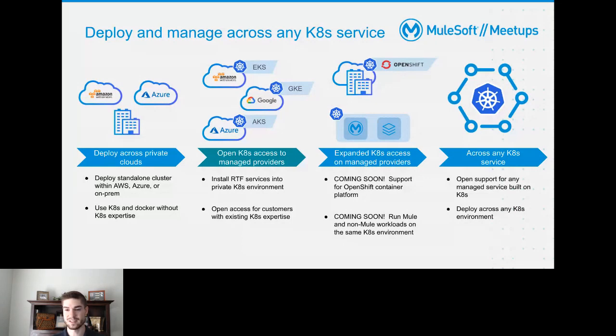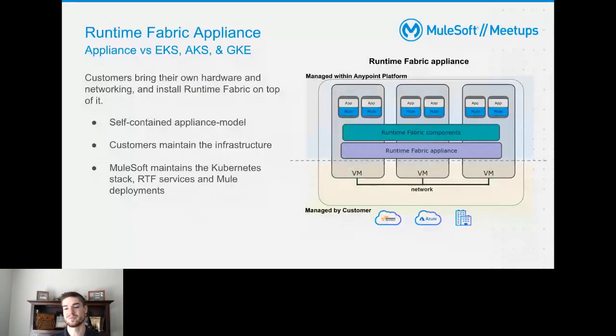So how exactly does it work? Again, there's basically two different variations. There's the appliance version, which is going to run on virtual machines, and then the Kubernetes version, which runs in a Kubernetes environment. With this model, the customer is going to own and maintain the hardware and networking, and then Runtime Fabric is going to be deployed on top of that. MuleSoft abstracts and maintains the Kubernetes stack, as well as handles the application deployments and updates.